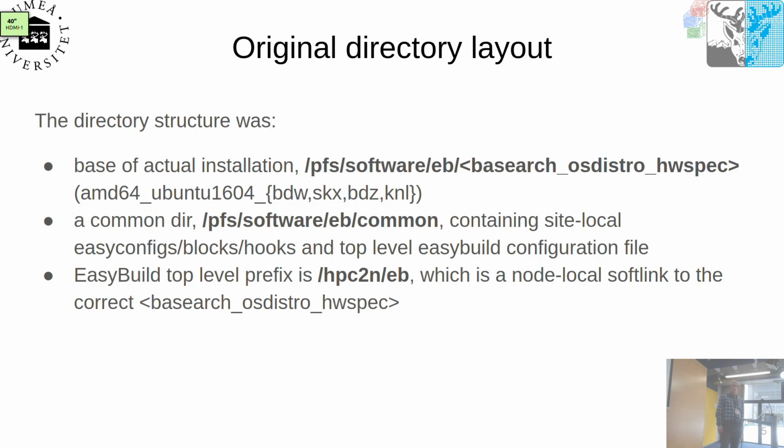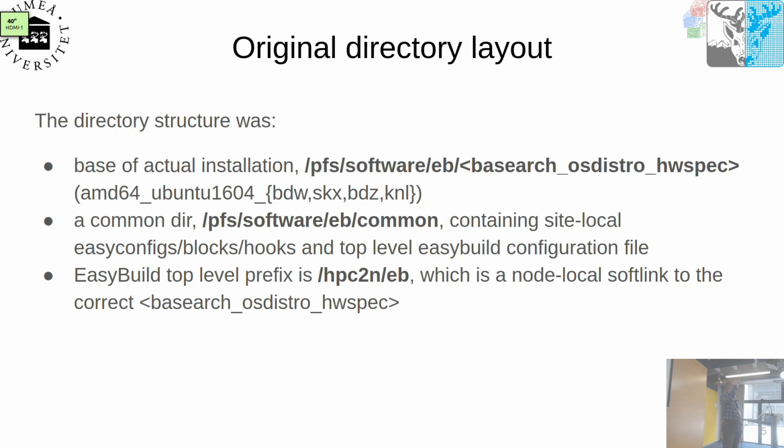The setup that we used to have in the beginning was that we installed everything in a path that basically separates the basic architecture, the operating system distribution version, and sub-level architecture, and a common directory with site local changes, easyconfigs, easyblocks, stuff like that.